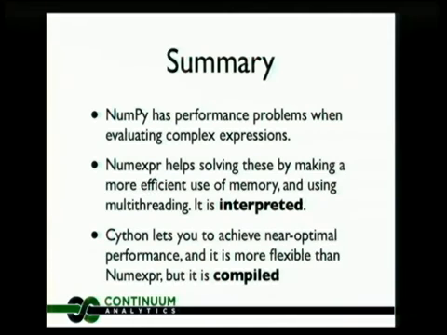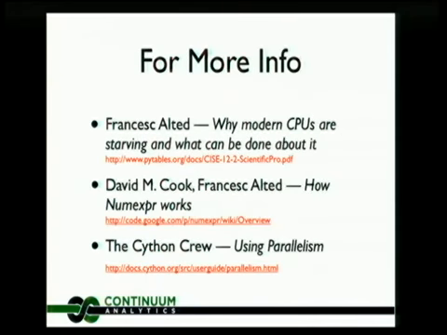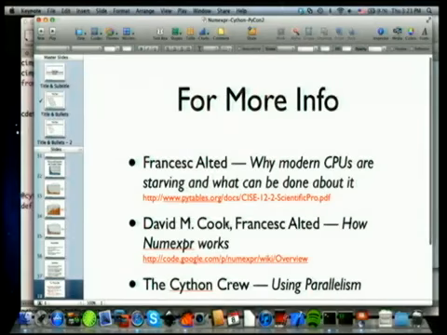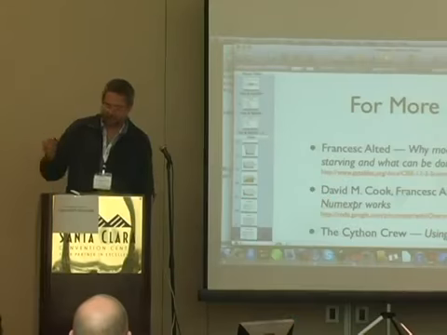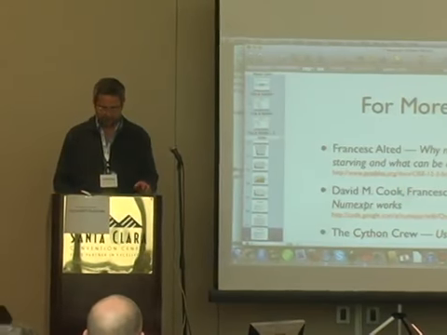And Cython is there when the limitations with NumExpr appear, or when you cannot apply NumExpr, and you can reach near perfect speed. However, Cython is compiled. So you can choose which one you want to use. Okay, so I am done with my presentation, and now it's the turn for Mark.